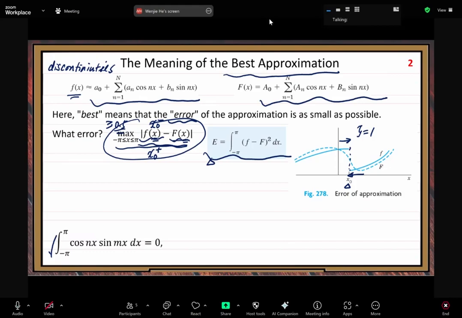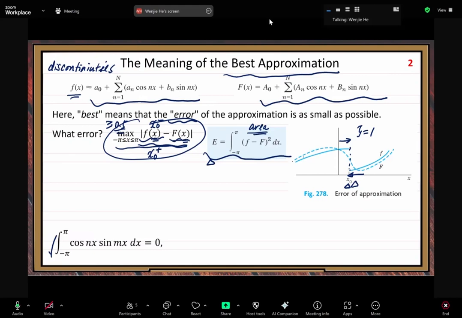First, in this example, we can see that when we take more and more terms, we can make this integral smaller and smaller, very close to 0. Why? Remember, what is the meaning of an integral? It calculates the area. Now look at the area difference.